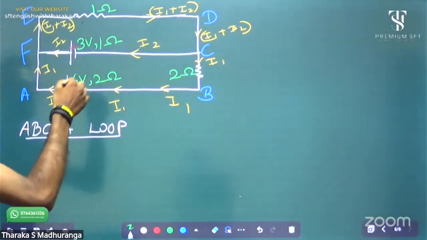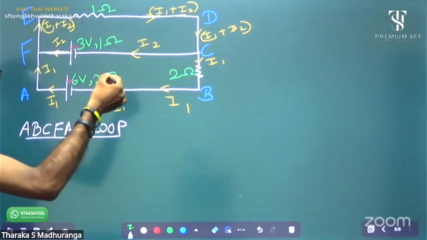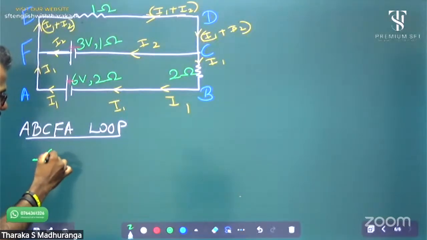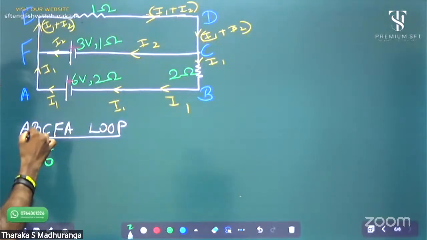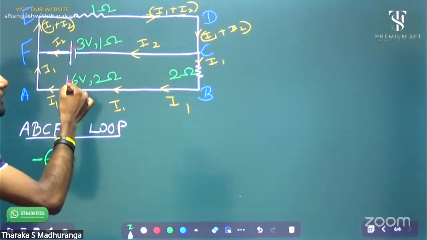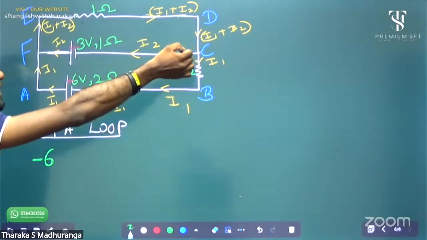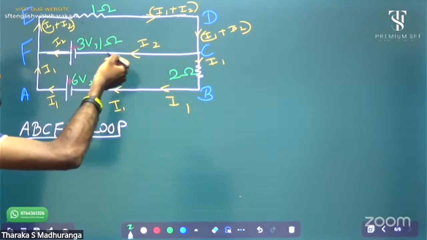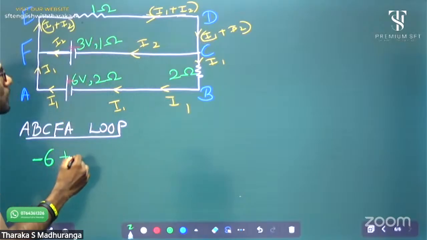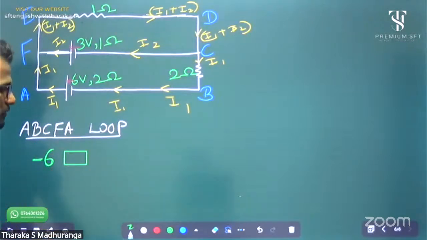For AB, my direction and the electromotive force arrow direction are opposite, therefore it is minus 6. Now A to B, no other battery. B to C, no other battery. But C to F there is a battery, and my direction and arrow direction are the same, therefore plus 3.